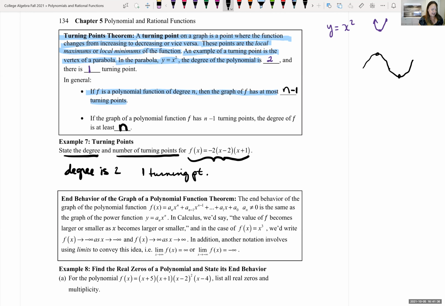Okay, so looking at the end behaviors of the graph of a function, it really has to do with that leading term. So that coefficient and that degree, that term with the degree of our polynomial.